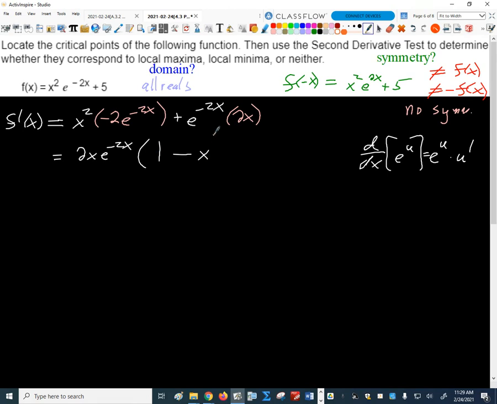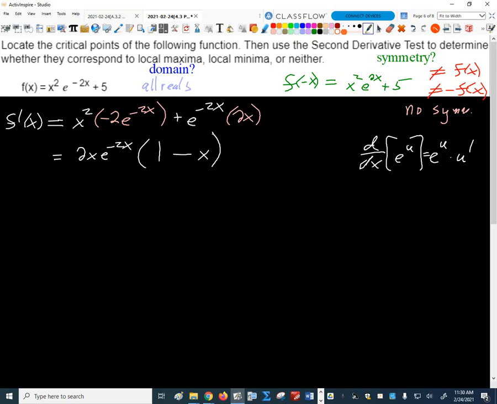Everybody buy that? Does that make sense? Okay, so we've got a factored form.